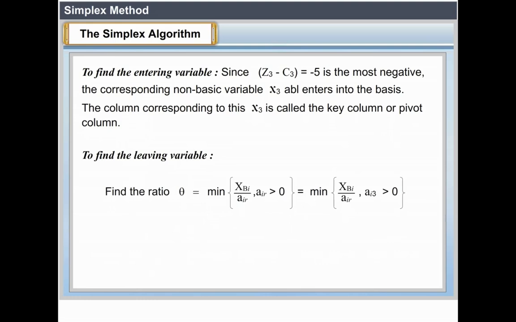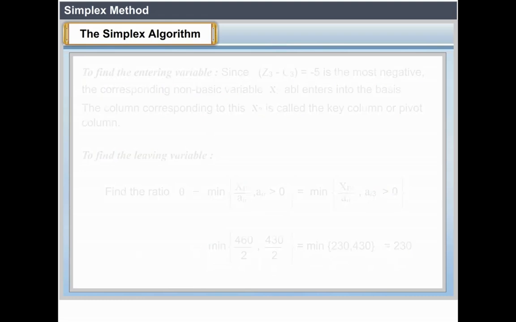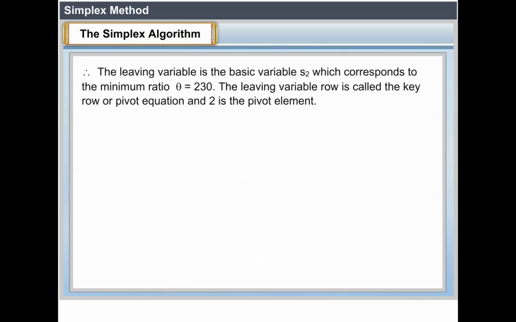Theta equal to minimum of xbi divided by air, where air greater than 0, equal to minimum of xbi by ai3, where ai3 greater than 0. Theta equal to minimum of 460 divided by 2, 430 divided by 1, equal to minimum of 230, 430, equal to 230. Therefore, the leaving variable is the basic variable S2, which corresponds to the minimum ratio theta equal to 230. The leaving variable row is called the key row or pivot equation, and 2 is called the pivot element.